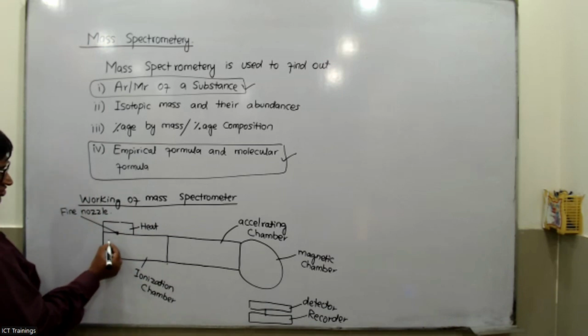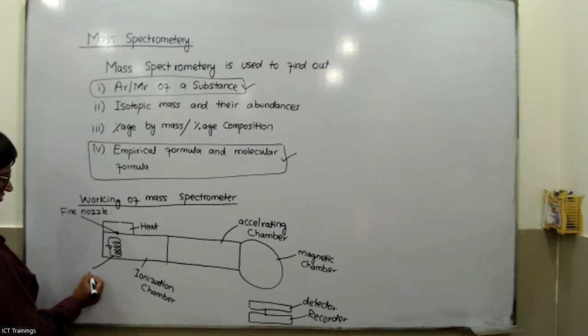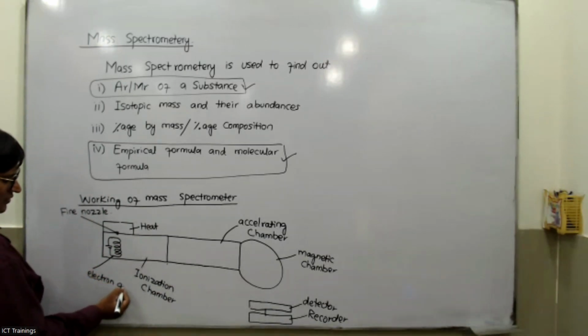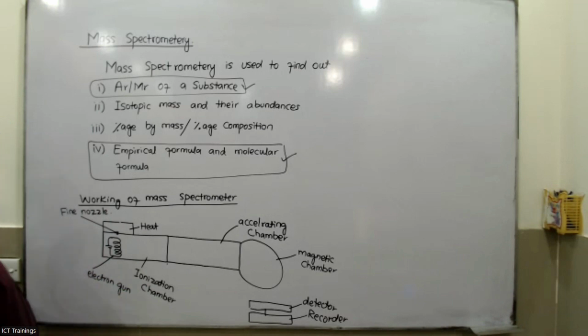In the ionization chamber, we have the electron gun. So this is the electron gun up here, like that. What is the electron gun and how does it work?